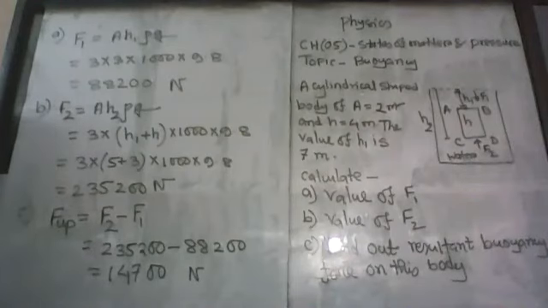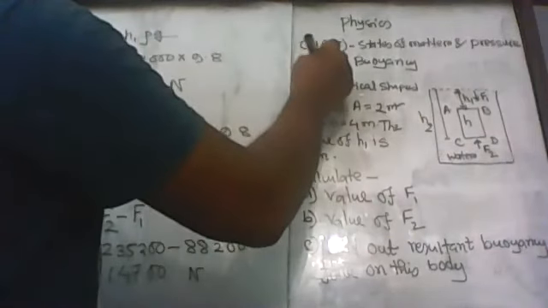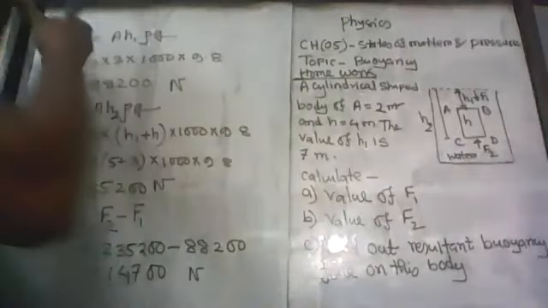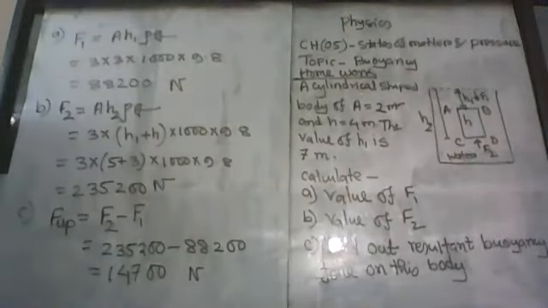Your homework is: a cylindrical shaped body of area of cross section equal to 2 meters square and depth H equal to 4 meter, and the value of H1 equal to 7 meter. From this given data, you have to solve some mathematical problems.